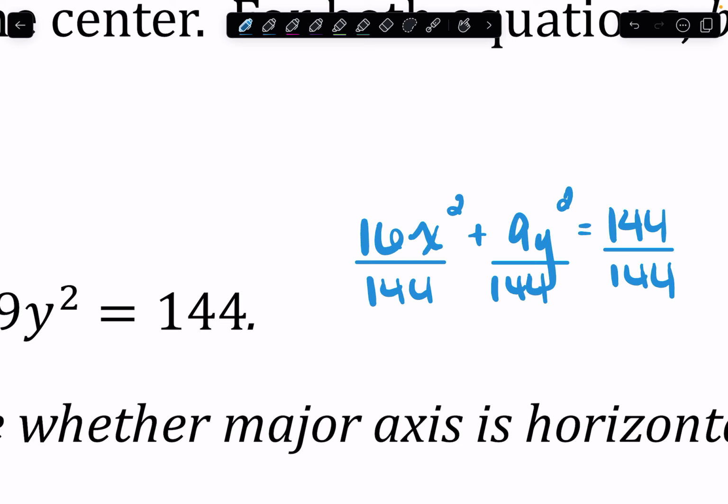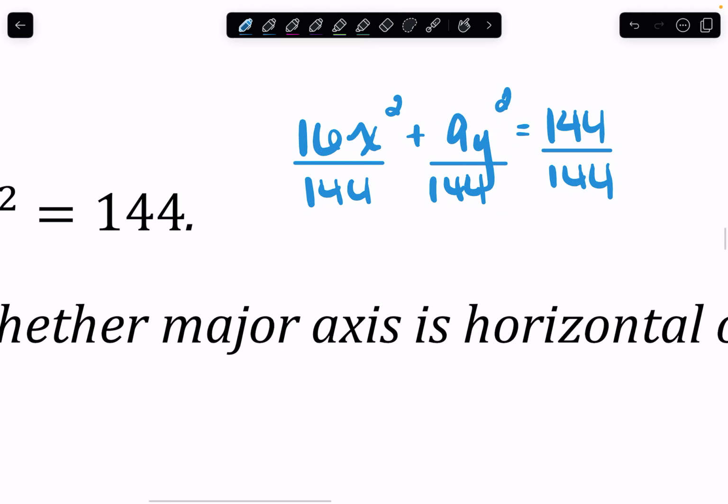So 16 over 144 gives us 1/9, so that would be x squared over 9, plus the 9 over 144 gives us 1/16, so y squared over 16 equals 1.